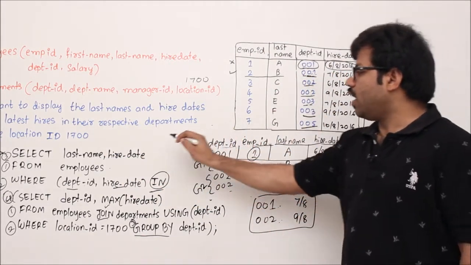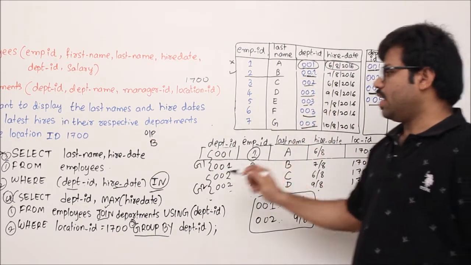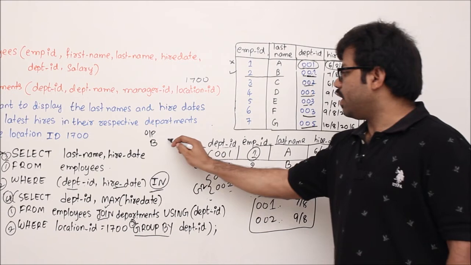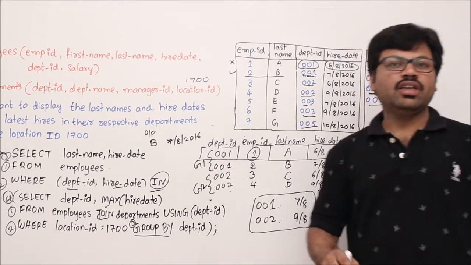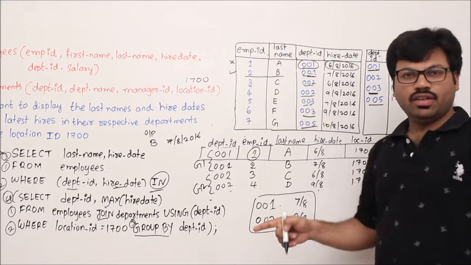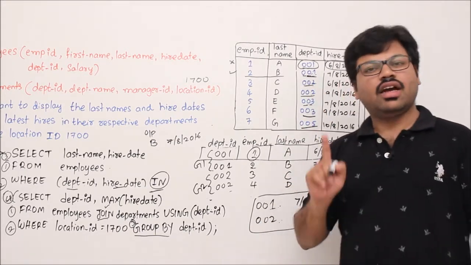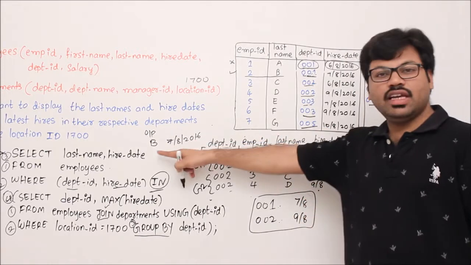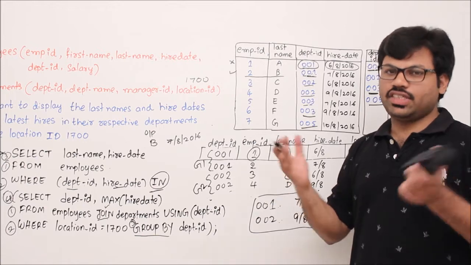B. So final output is this one I am writing here. So B is printed along with his hire date. What is the hire date? 7/8/2016. So finally what can you understand about this B? B is working for a department which is located in 1700 ID, and especially B is an employee whose hire date is maximum. He is the recent hire, the fresher.